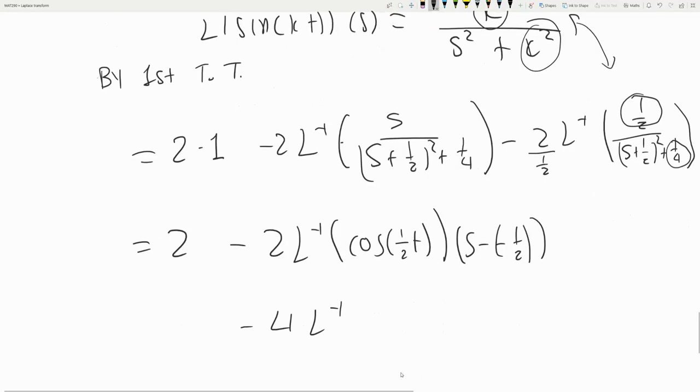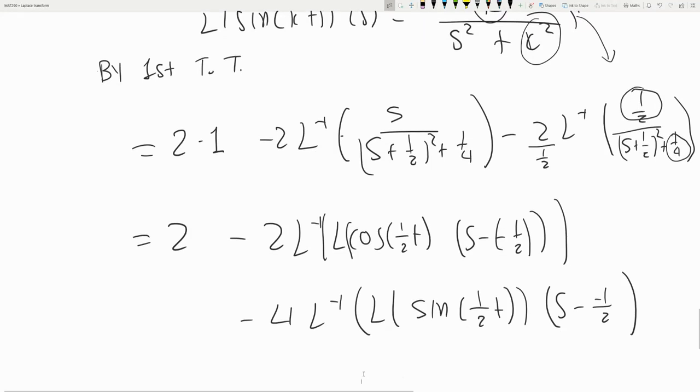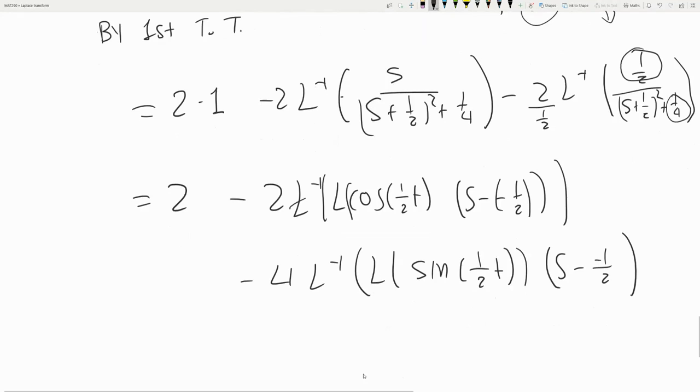Minus 4 Laplace inverse of the Laplace of now sine a half t, and then same s minus a half. Okay. Now Laplace inverse cancels out with this.